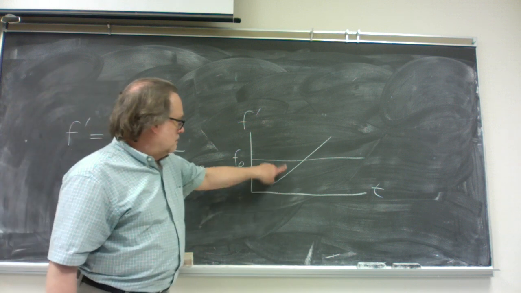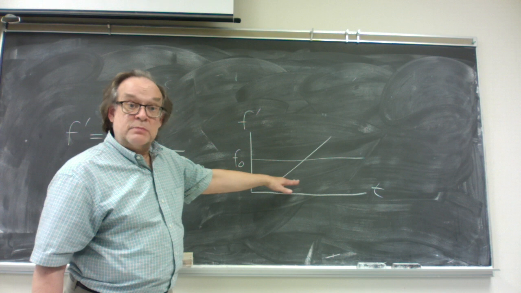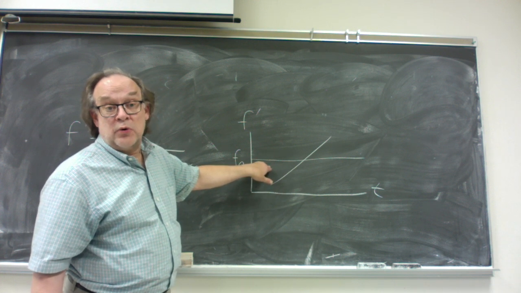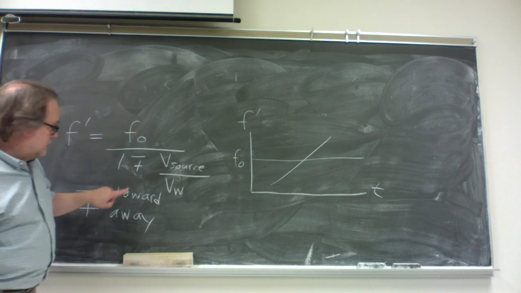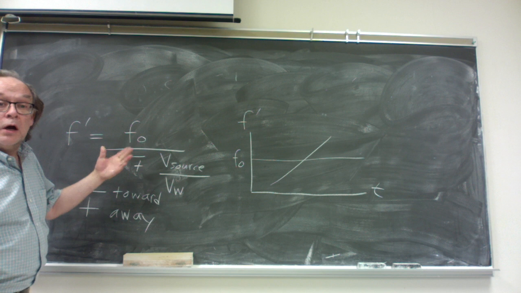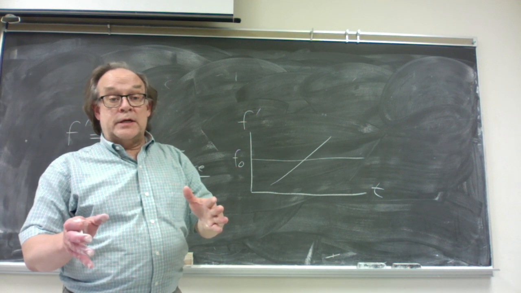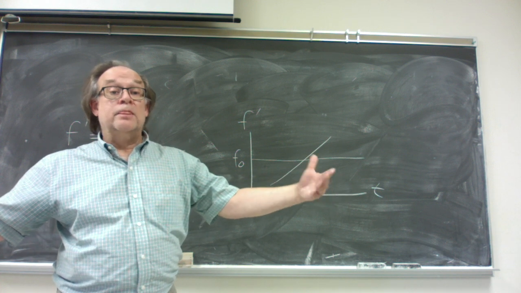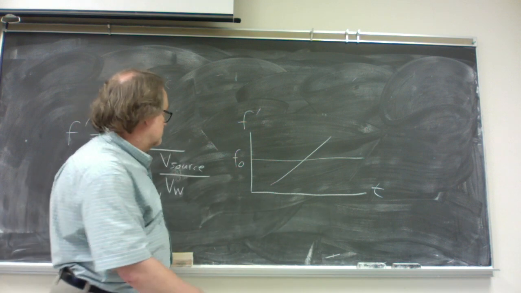Well, here in the first half of the motion, the frequency is changing, but it's always smaller than the actual frequency at the source, and that means that the source was moving away. In a Doppler effect, whenever source and observer are getting farther and farther apart, the frequency the observer hears is always less than the frequency at the source.